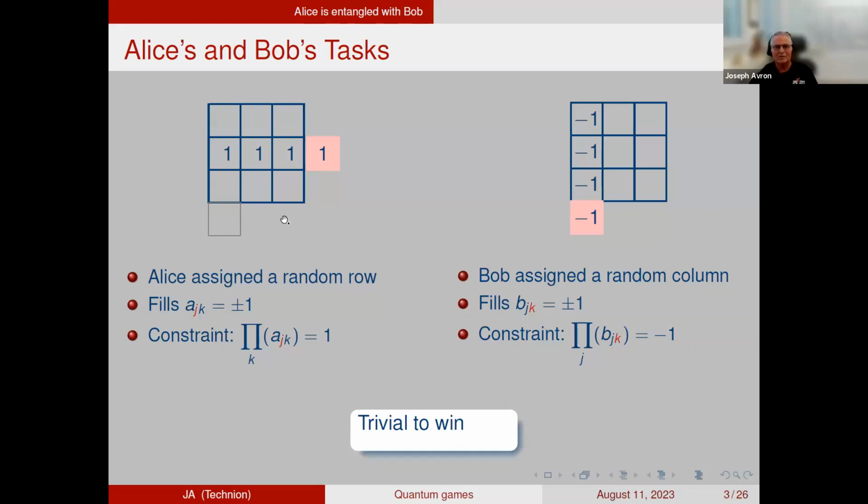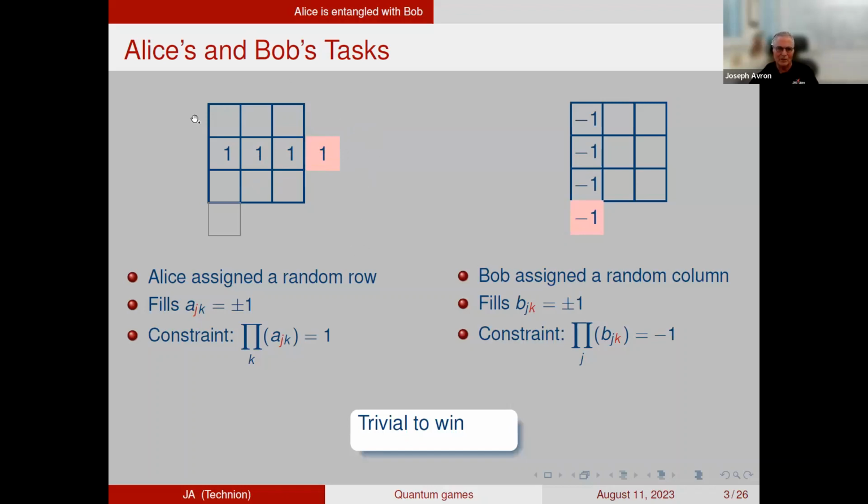And the casino tells Alice to fill a row in the table. She needs to fill the row with numbers that are either plus or minus 1, in such a way that the product of these three numbers is plus 1.